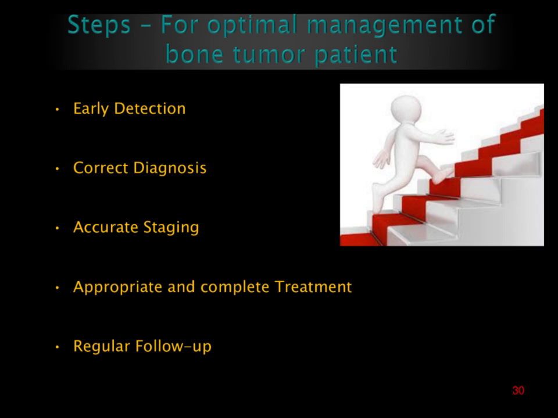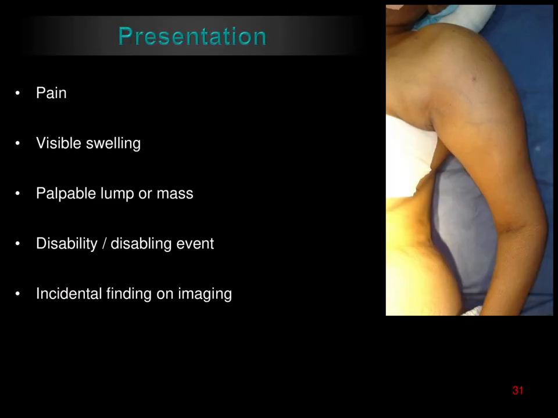Following that, the next important thing is to reach a correct diagnosis, following which this patient, if there is a malignant disease, has to undergo accurate staging of the disease, following which the patient should receive appropriate and complete treatment. Once the treatment is over, this patient also should maintain a very regular follow-up with the treating doctor.